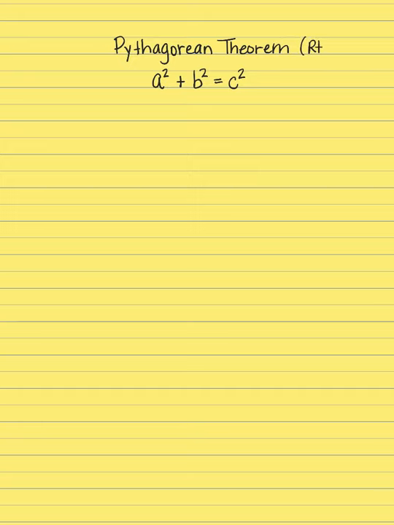applicable to right triangles. Now, if I'm looking at a right triangle, and it doesn't matter how it's drawn or which way it's turned or how big or small it is, I have three sides to a triangle.